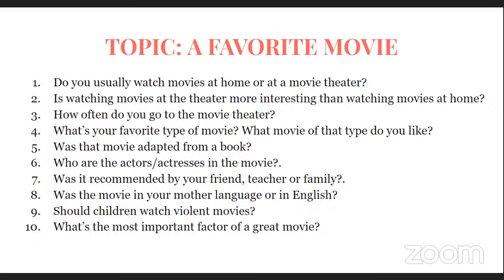And what's your favorite type of movie? And what movie of that type do you like? Type. Eso se refiere a películas o a teatro. Al tipo de películas y aquí del tipo de película que selecciones, ¿qué película te gusta?